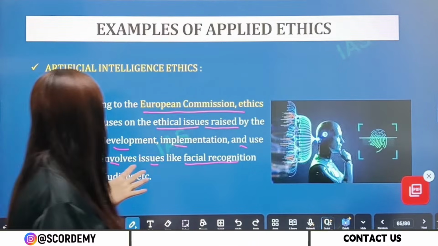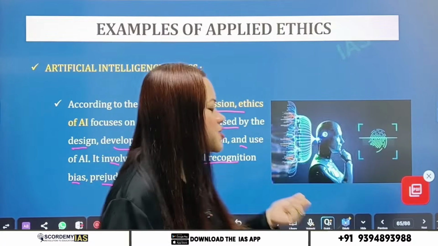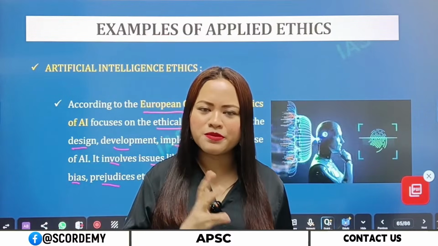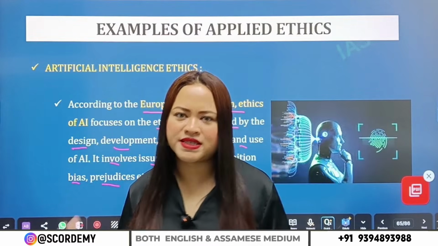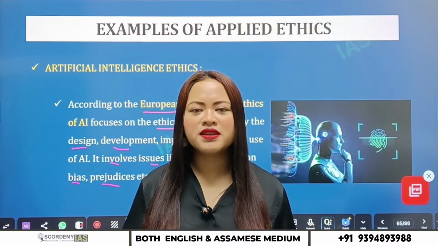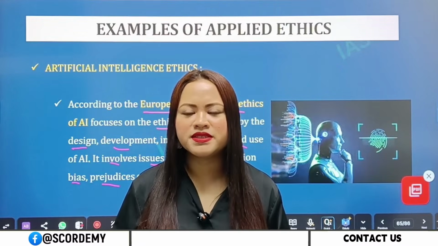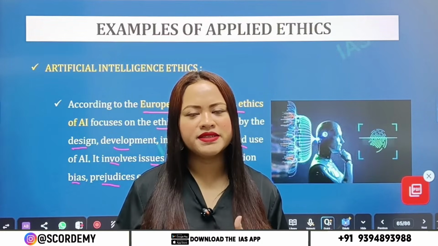Also, it involves issues like facial recognition. Now, because most of the AI models have been developed in the West and using white males, not females, not colored, but white males.